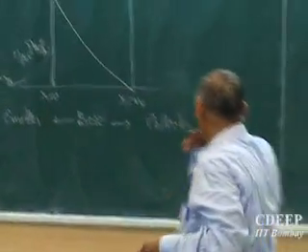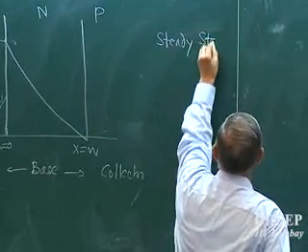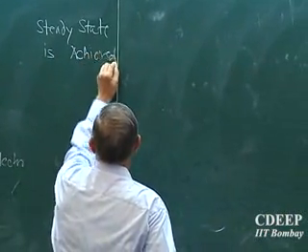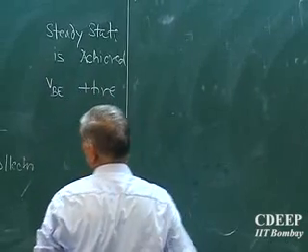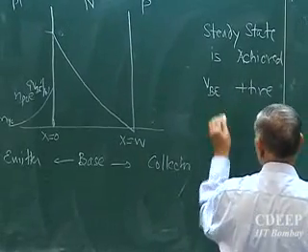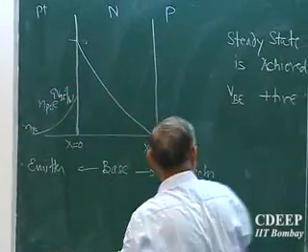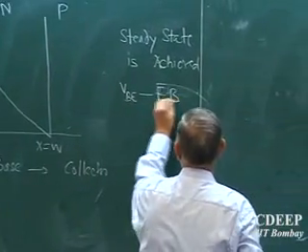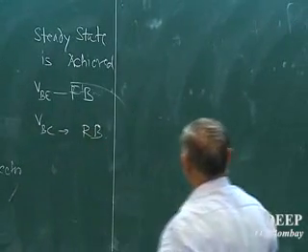Till then, assume steady state is achieved by biasing, and I repeat, V_BE is positive, positive in the sense the PN junction is forward biased. It doesn't mean that this terminal is positive; this is negative, this is positive. Instead of positive I should say forward biased, and V_BC is such that you get reverse bias.